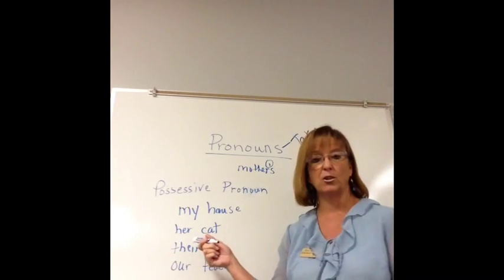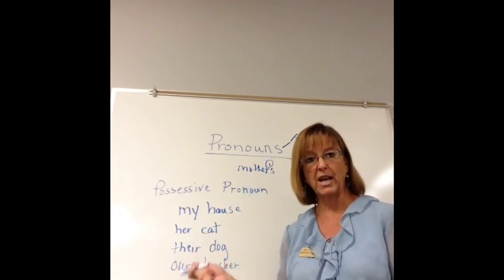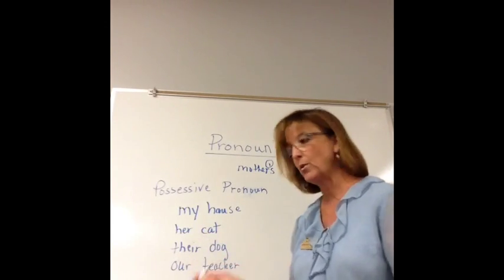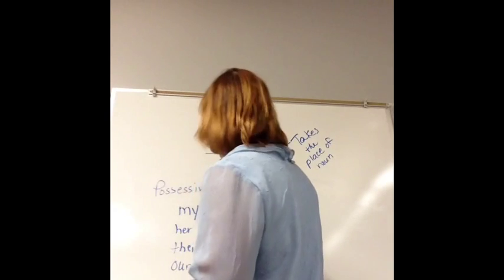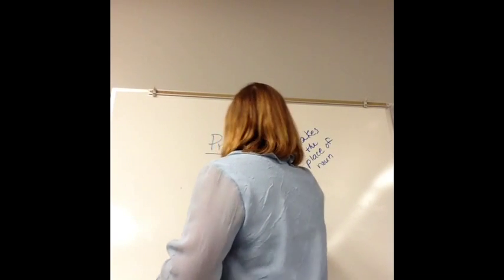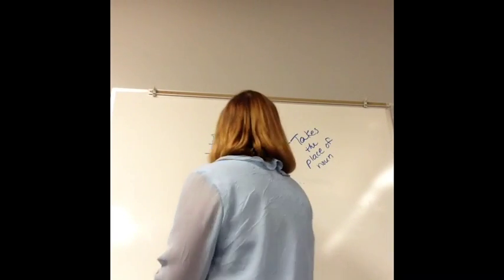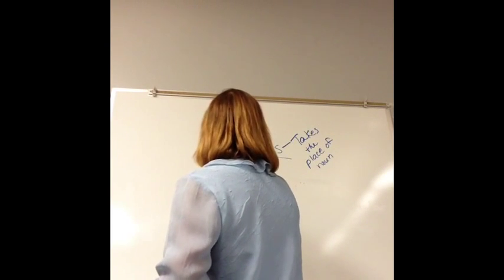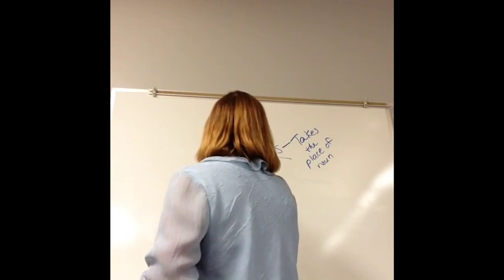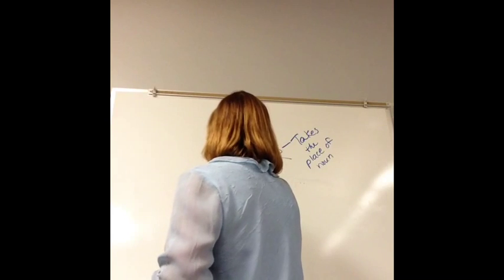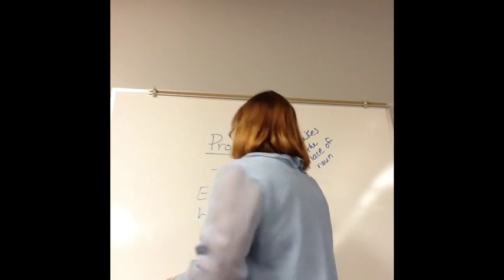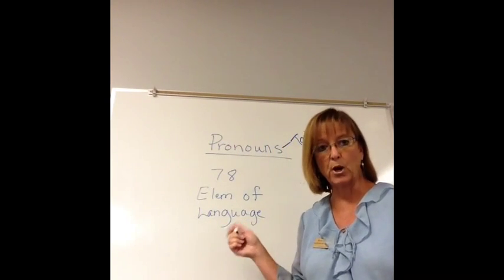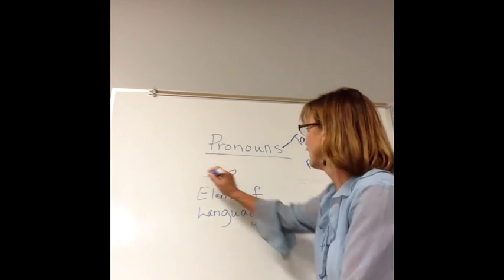But with pronouns, we don't do that. We actually have specific words that are pronouns to show possession. Okay? On page 78, in your Elements of Language, you will find a list of personal and possessive pronouns that you can refer to.